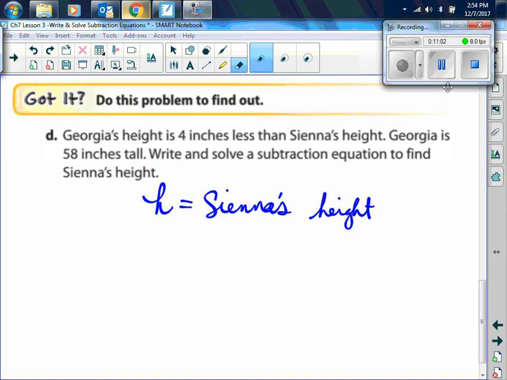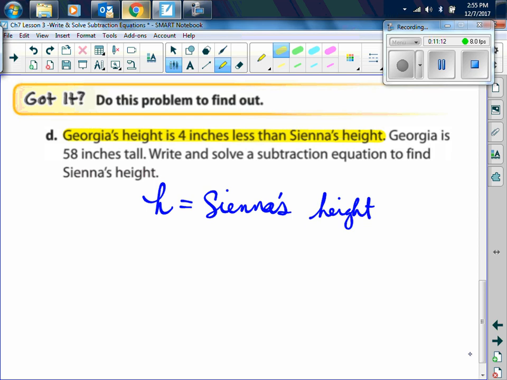Going back to the word problem, it says Georgia's height is 4 inches less than Sienna's height. Okay, so we want to know how to write 4 inches less than Sienna's height.